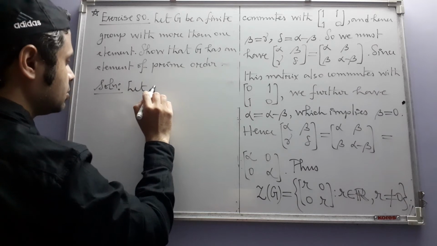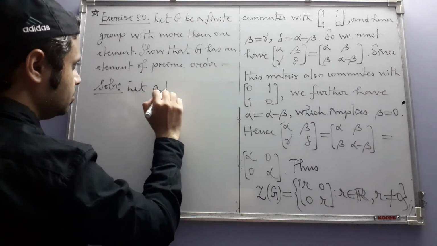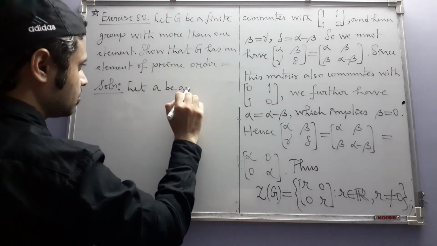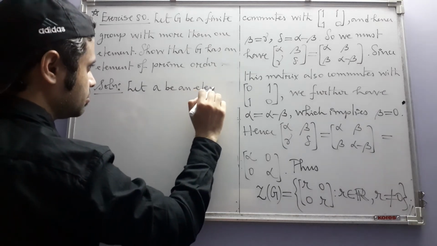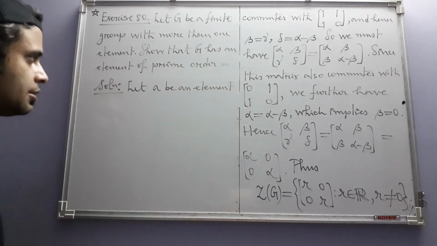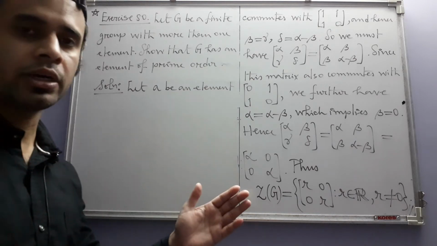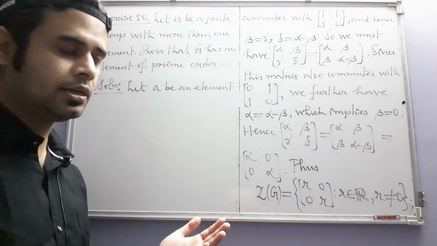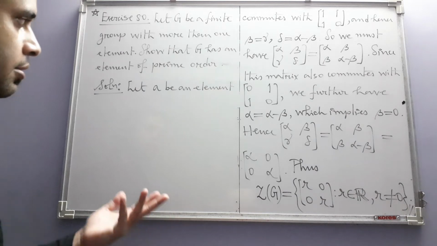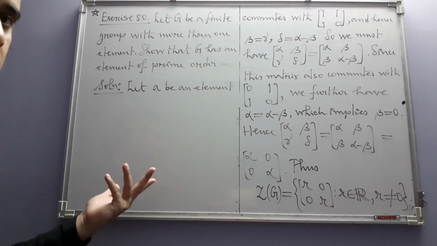Let A be an element. Since it's given that G has more than one element, besides the identity element there is something else in G. Let us choose one such element.